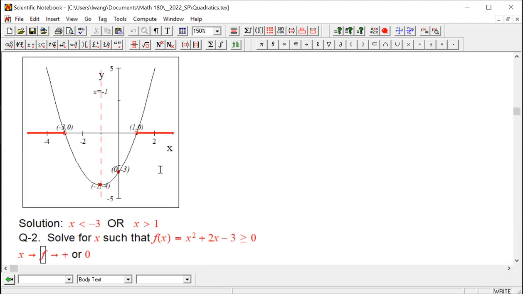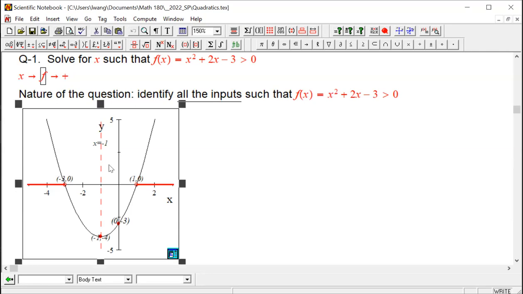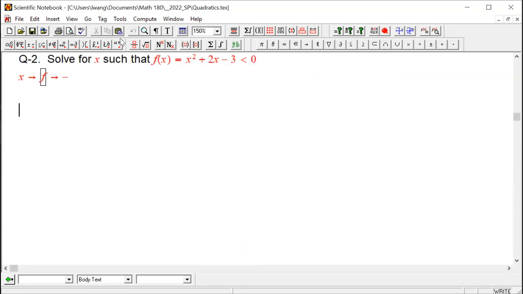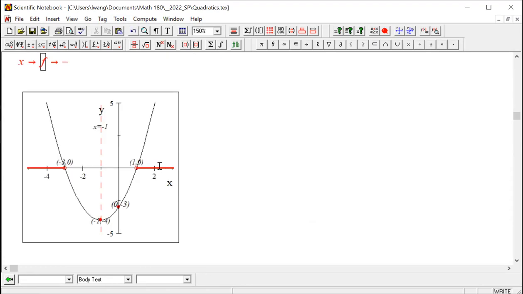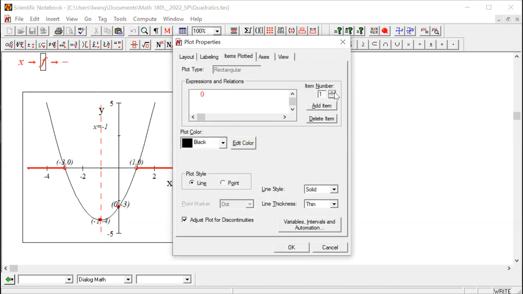So which part would be the picture? It will not be these parts, right? So these 2 red parts have to be deleted.